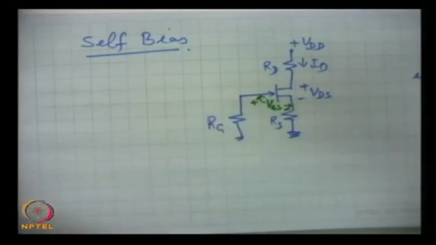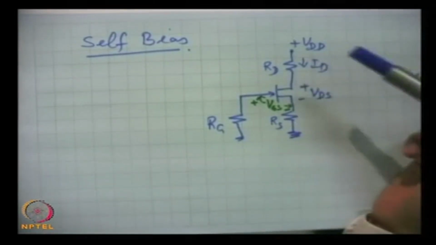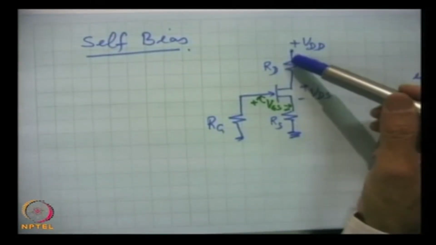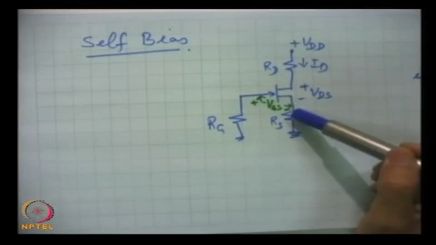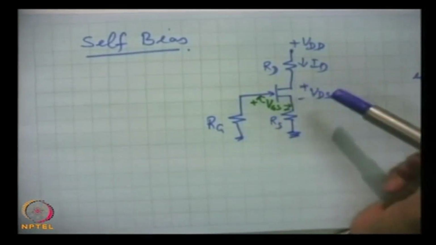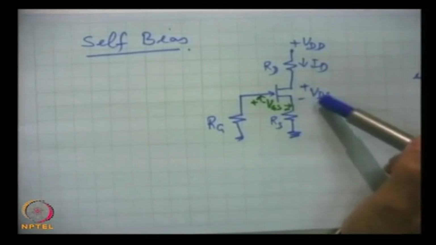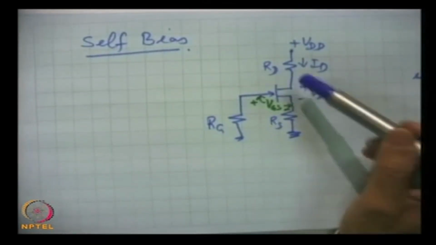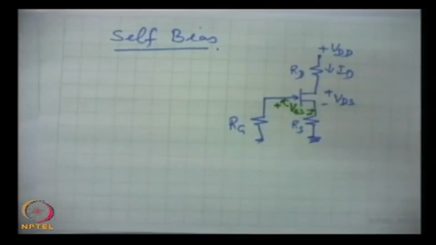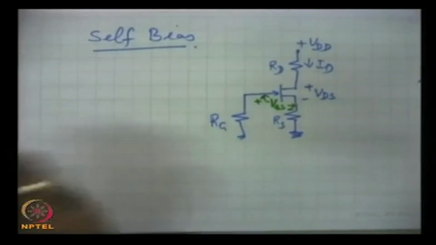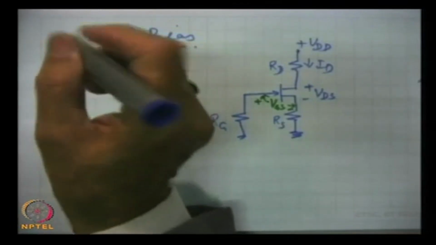Now, here ID, the drain current, flows through this resistance, drain resistance RD, and source resistance RS, and this is the voltage drop between drain and source. And so, actually we can write a voltage summation at the output circuit, drain, source.